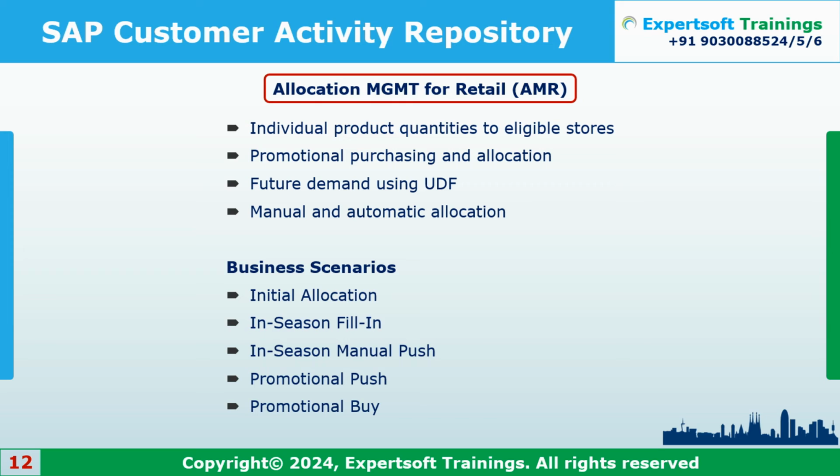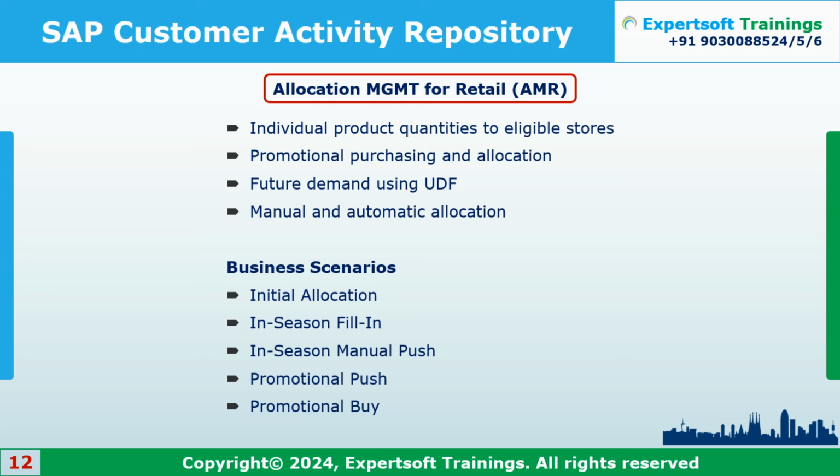So I'll create some promotions, and then I'll try to push some additional stock that is there at DC, and if with that promotion it is selling well, then I will also buy some more stock. So that is essentially creating that allocation plan: what I need to buy, what I need to send to individual stores, that all happens within CAR.